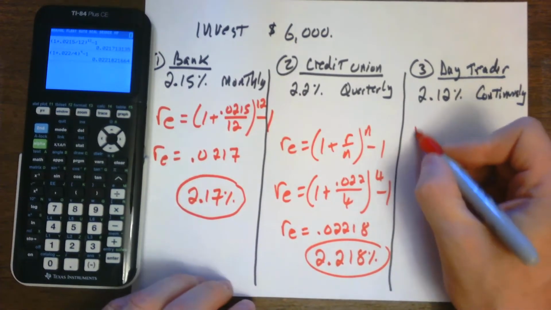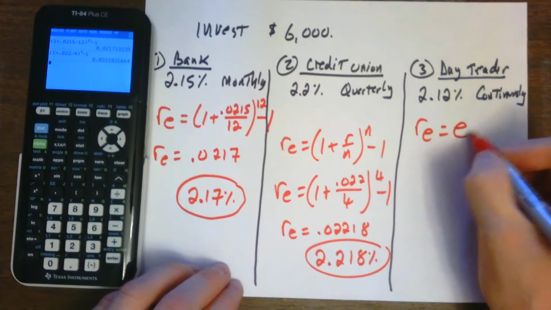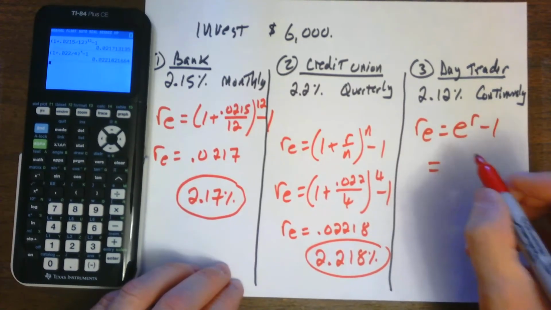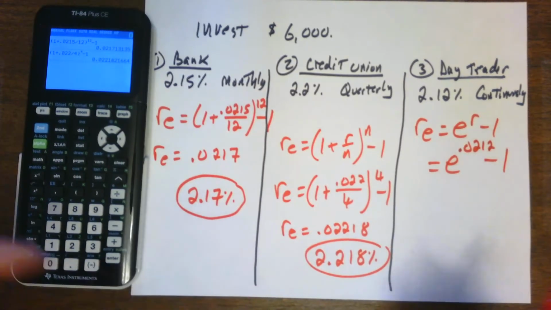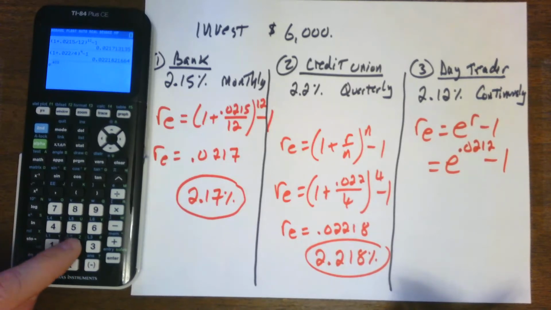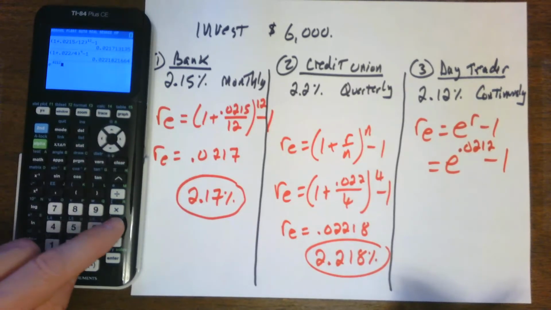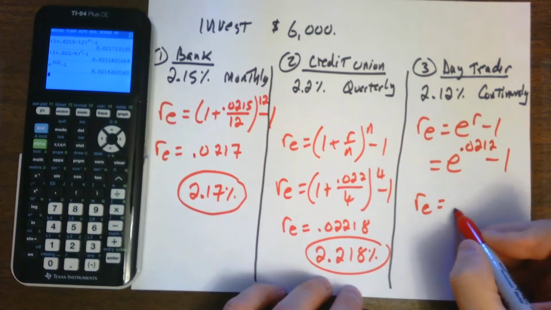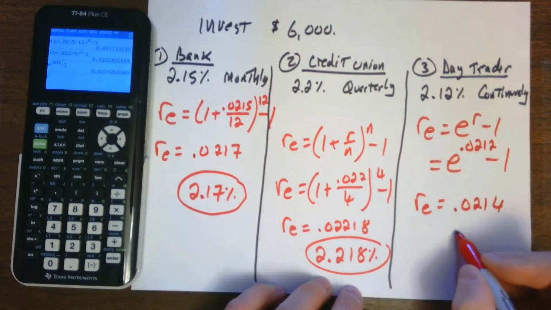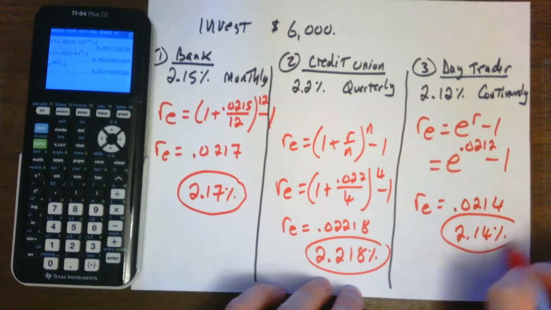All right, so for continuous, the effective rate is going to be e to the r minus 1. So the day trader, e to the 0.0212 minus 1. So shift e to the 0.0212 minus 1, and I get the effective rate is 0.0214, which is 2.14%.